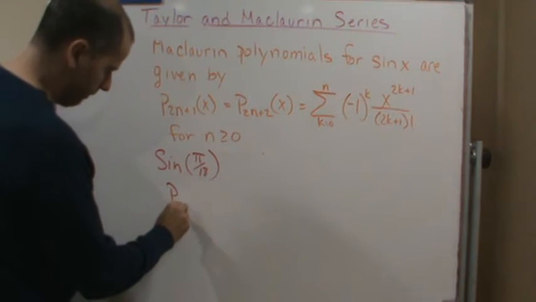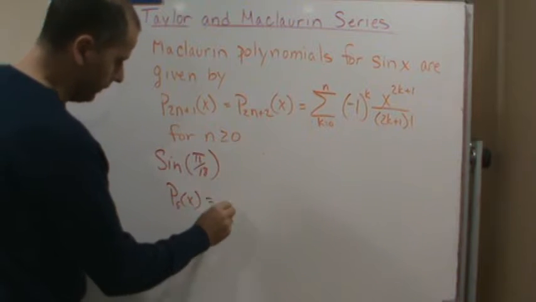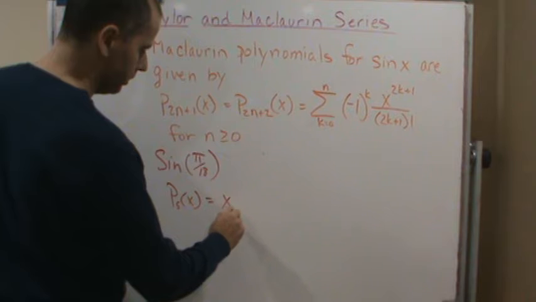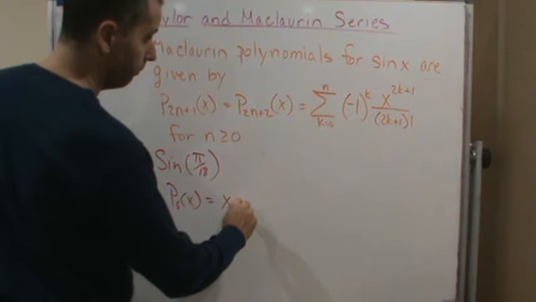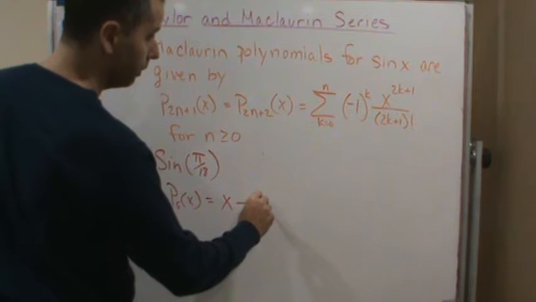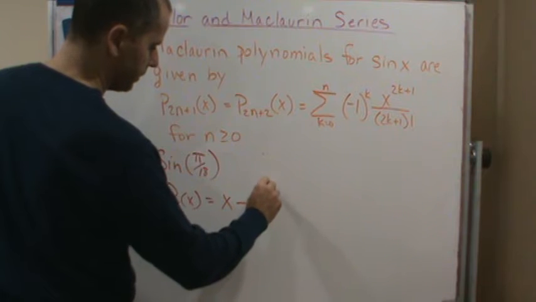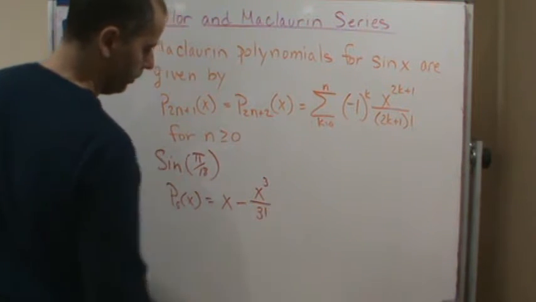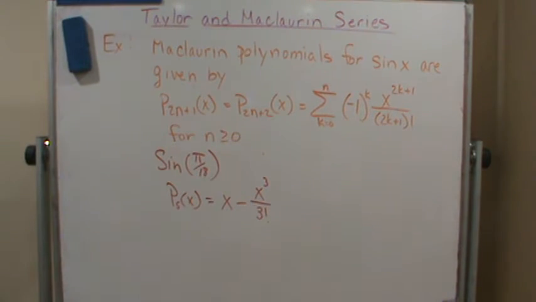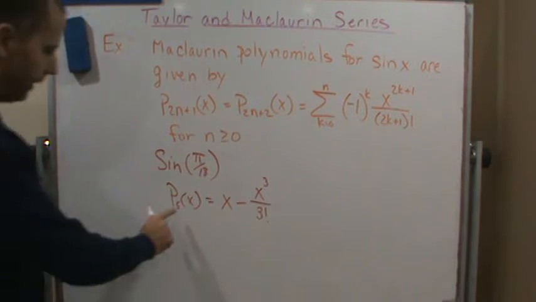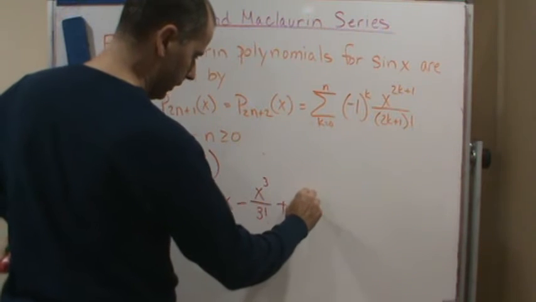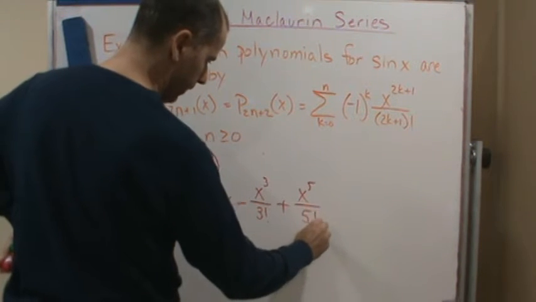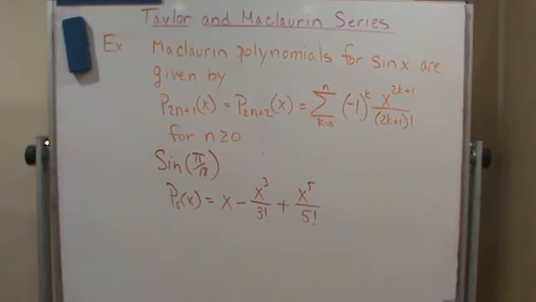P sub 5 of x equals what? It's going to be x minus x cubed over 3 factorial. And since we're doing the fifth, we're going to go out to the next one, which is x to the fifth over 5 factorial.